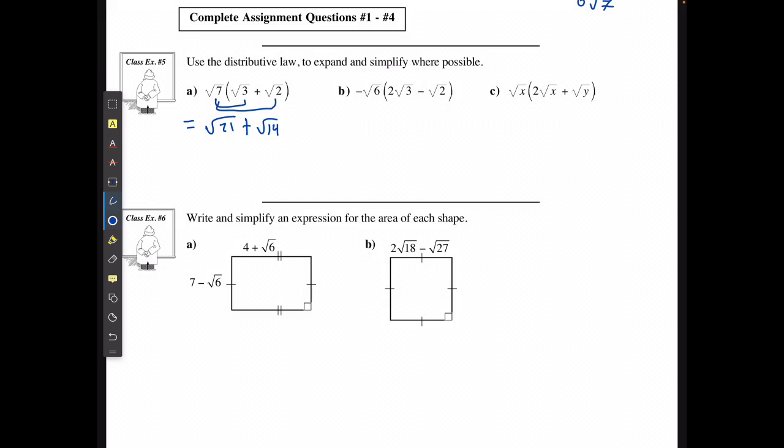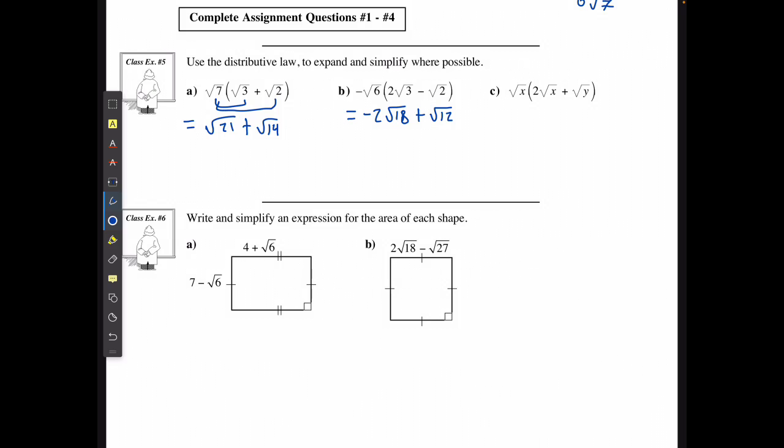In the second case, if I have negative and 2, it's going to give me negative 2, and 6 and 3 is going to give me the square root of 18. Negative and negative is going to make it positive, and root 6 and root 2 is going to give me root 12.